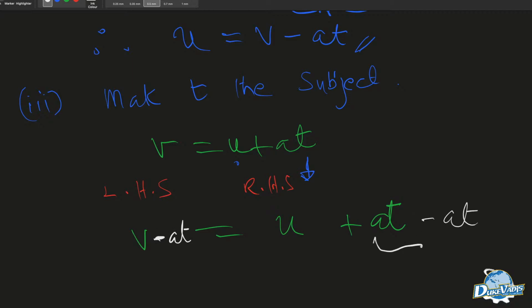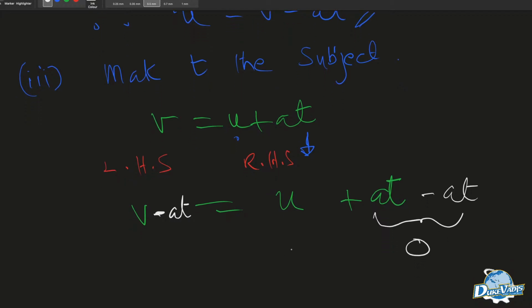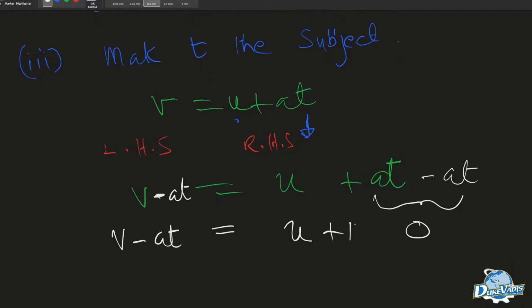So this two, AT minus AT is 0. And U is here. So U plus 0 equals V minus AT. So U plus 0, we know it's U, which equals V minus AT.